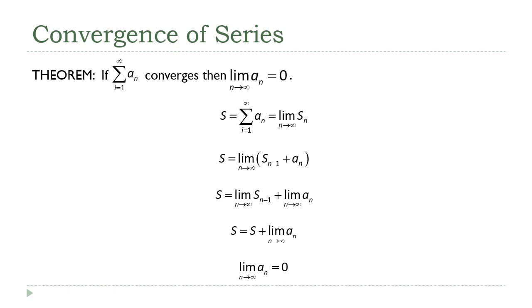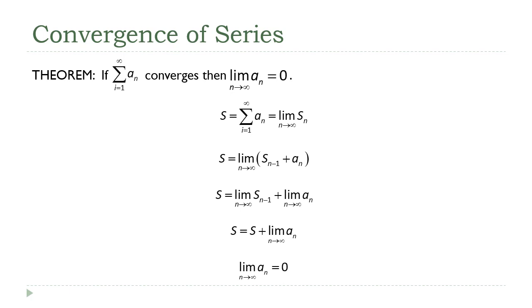This is one of those situations where we need to be really careful about what the theorem says and what it doesn't. This is not a theorem for determining when a series converges. This theorem tells me if I have a convergent series, then it has this property. So why are we talking about this then?